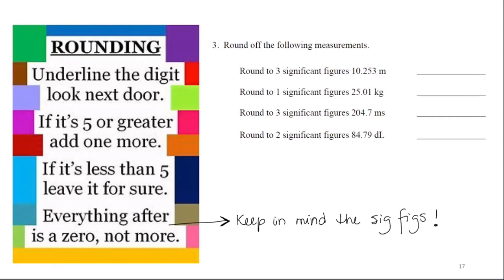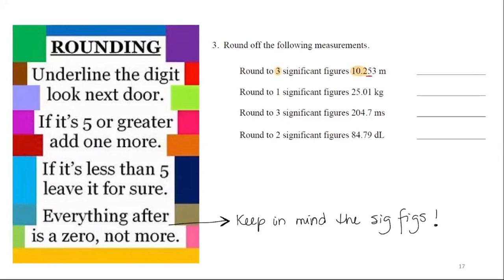So we look at the first statement. It says round to 3 significant figures, the measurement 10.253. Okay, so I'm going to read my digits from left to right. My 3 significant figures are going to be these 3. Okay, so what that means is that when I'm looking next door, I'm looking at this 5.